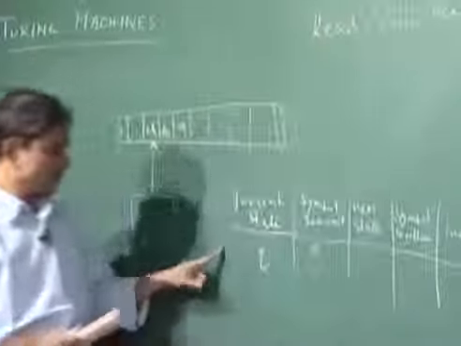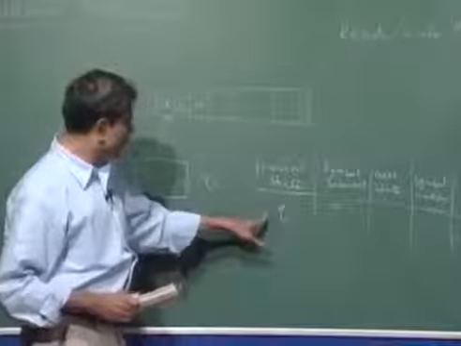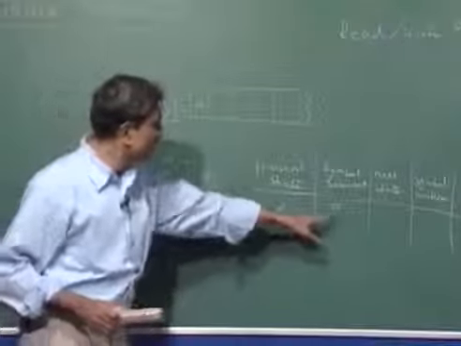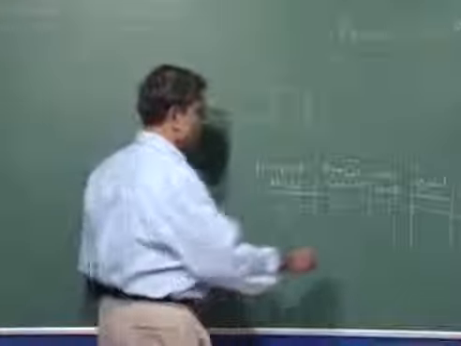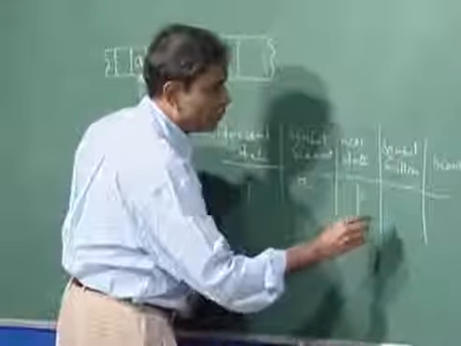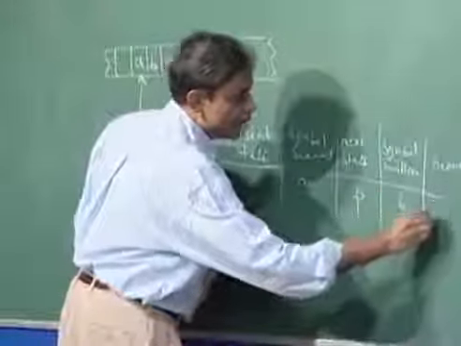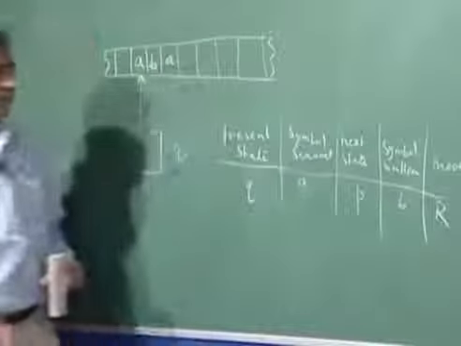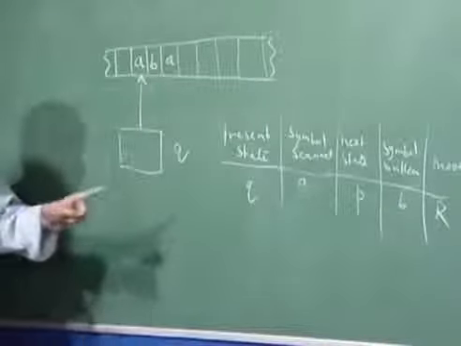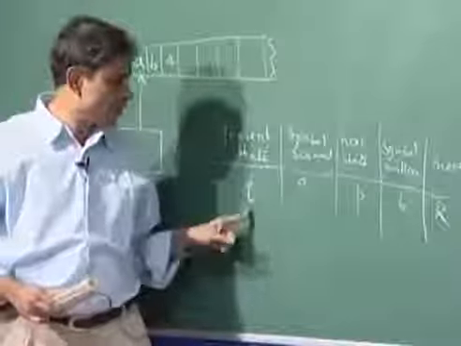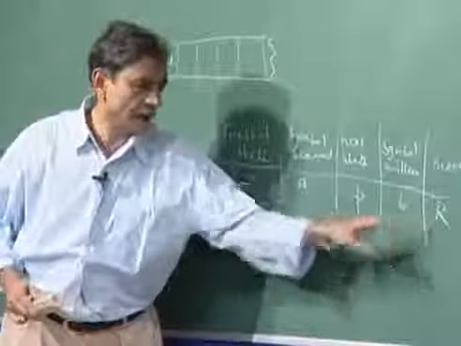Let me write this first. Suppose the present state is q and the symbol scanned is A, then suppose here we have P, here we have B, and here we have R. So you see there are 5 things: q, A, P, B, R.